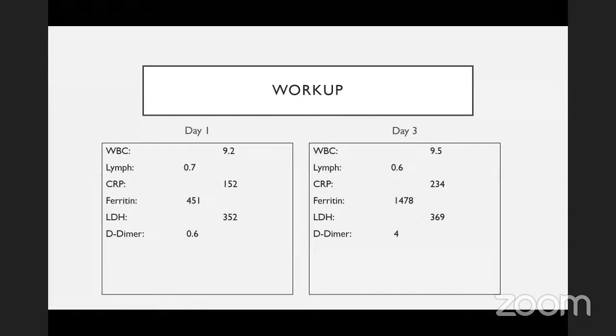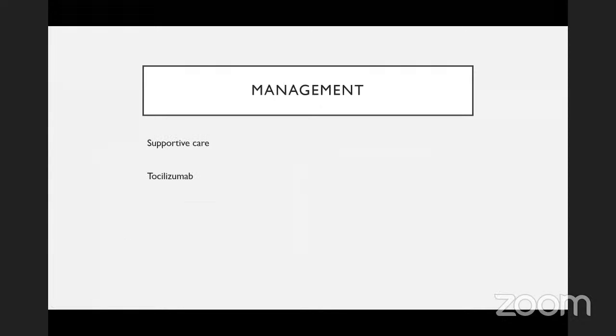We usually follow these investigations in COVID patients to predict the severity or progression of the disease. As you see, on day 3 all of his parameters started to increase, and we even thought about what we call the COVID cytokine storm. So this patient received supportive care, tocilizumab for the cytokine storm, and also antibiotics.